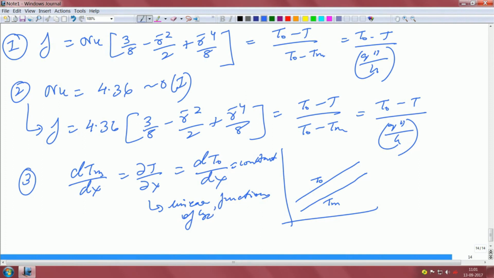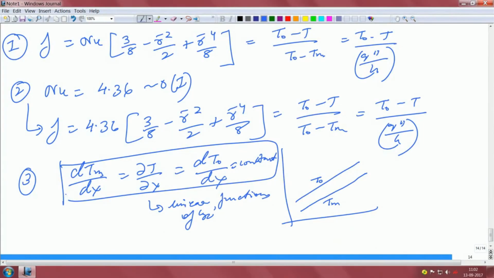This was a surprisingly interesting tool which gave us this particular thing. You can also find out what your mean temperature profile is going to be, because you have already got the definition of mean temperature. Utilizing all these things, we have got these three important findings out of this entire exercise, right?